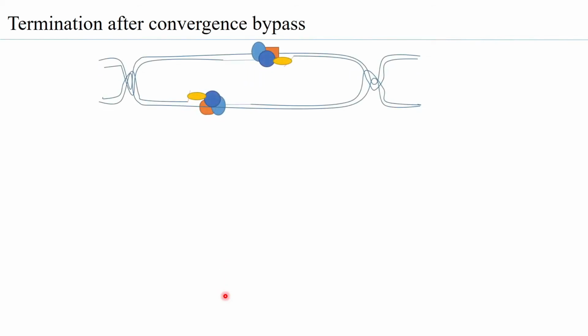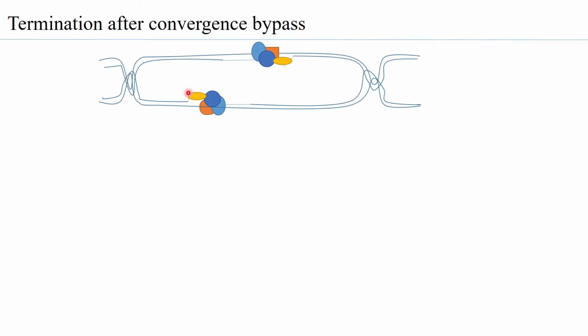Now, what happens next? Once the CMG complex along with the DNA polymerases reaches the primer of the Okazaki fragment, this primer is displaced to form a flap, and then Fen1, which is recruited by or already bound to the CMG complex, is able to cleave the entire flap.